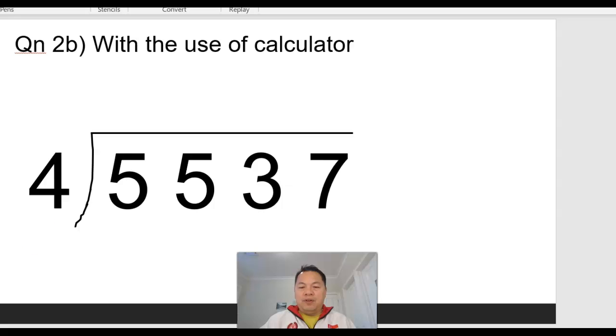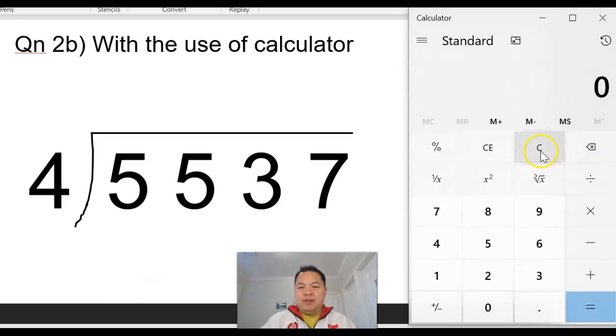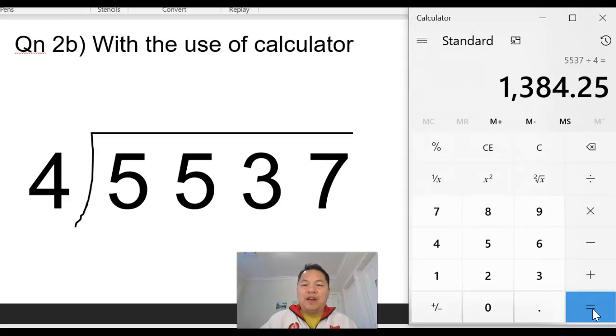Okay, thank you for making attempts to try this question. So let's start. So it's 5,537 divided by 4. And again, the decimal that we have is 0.25.